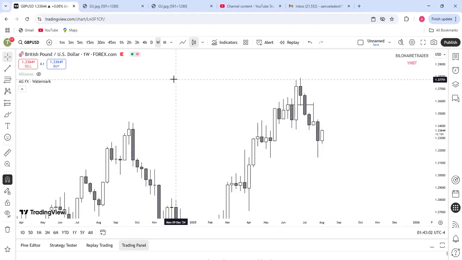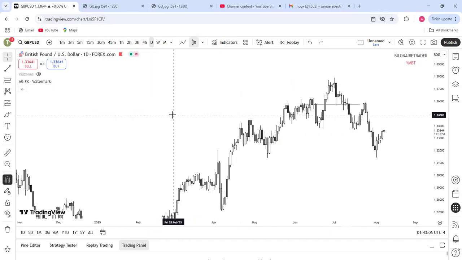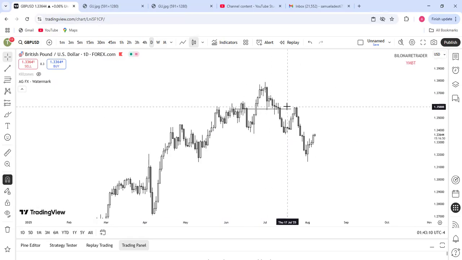So then I came to the daily with the bearishness in mind. Okay, we have the bearishness, and of course we have a break of structure, which aligns with the sell. But if we want to sell, where would we sell from?